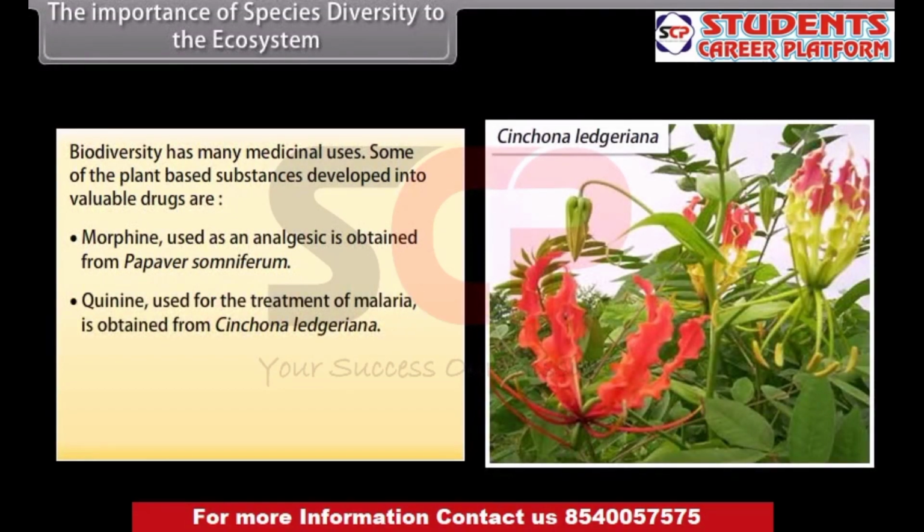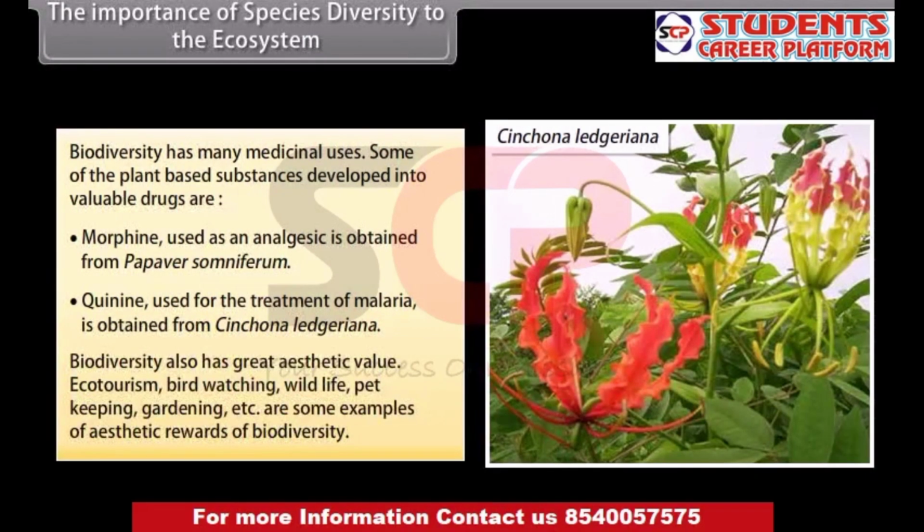Quinine, used for the treatment of malaria, is obtained from Cinchona ledgeriana. Biodiversity also has great aesthetic value. Ecotourism, birdwatching, wildlife, pet keeping, gardening, etc. are some examples of aesthetic rewards of biodiversity.